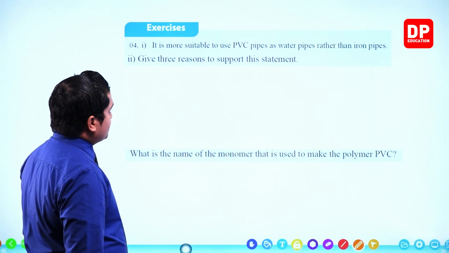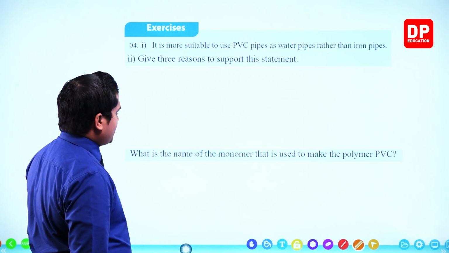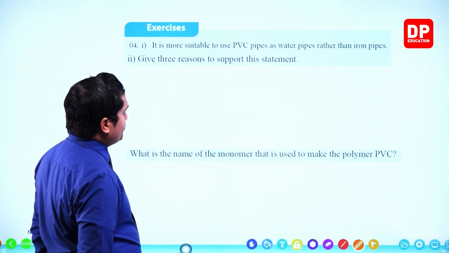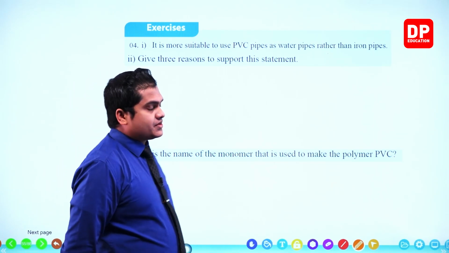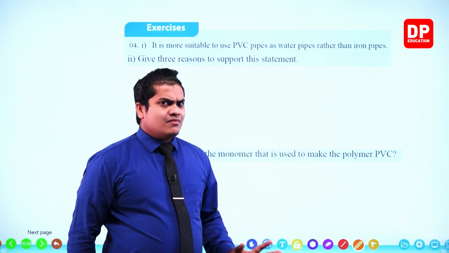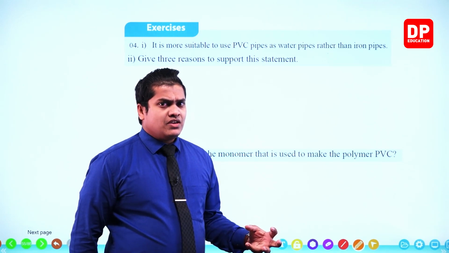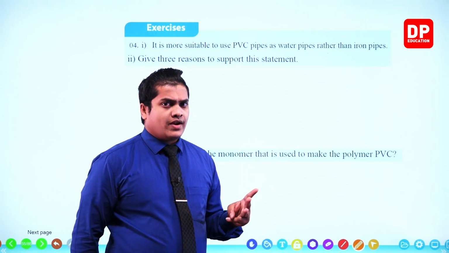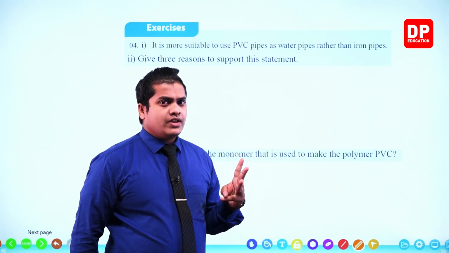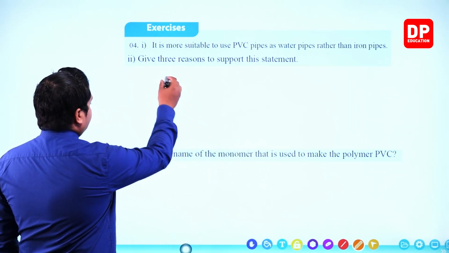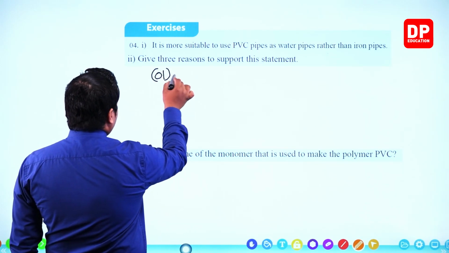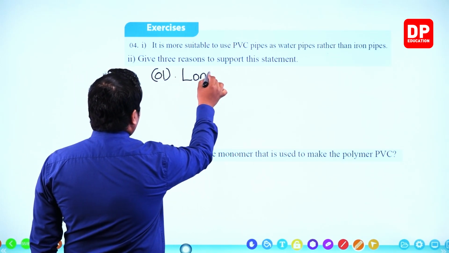Give 3 reasons to support this statement. What statement? It is more suitable to use PVC pipes as water pipes rather than iron pipes. So rather than iron pipes, it's wise to use PVC. You have to provide 3 supportive sentences for that. Number 1, long lasting.